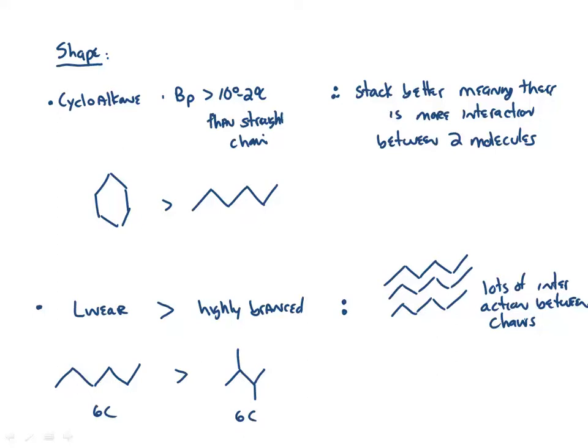Think about a garbage bag as a polymer, right? Polymers can behave more like liquids in that you can get polymers that actually flow, and you can have polymers that are very hard and behave exactly like solids, depending upon how much the chains interact. And then if I've got a bunch of molecules like this, it's very hard to pack them in tightly. And so there's less interaction here.